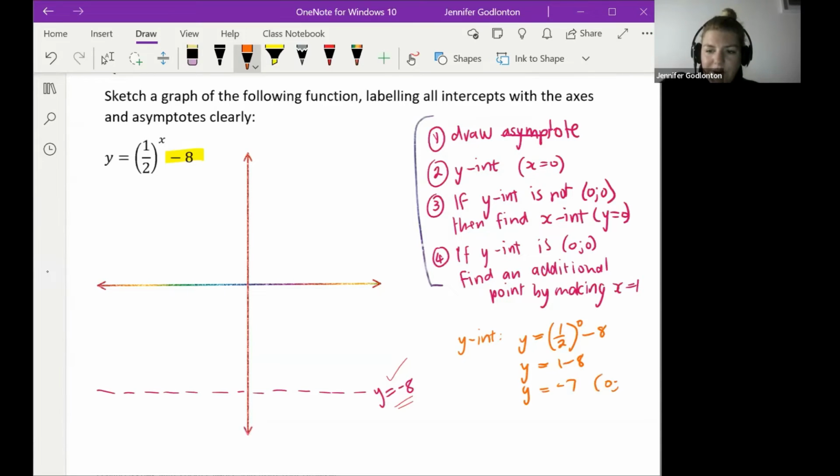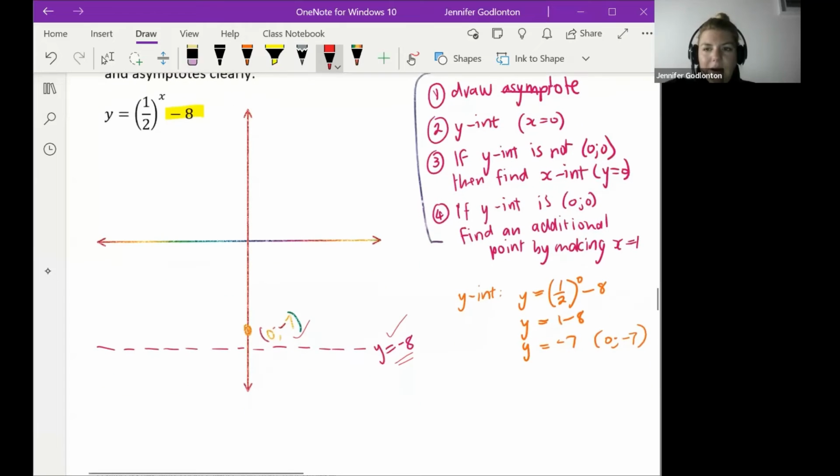So 0, -7. If you've done that, give yourselves a mark. But you have to have given me the coordinates as well. You can just write -7 next to it. I also would have given it to you.